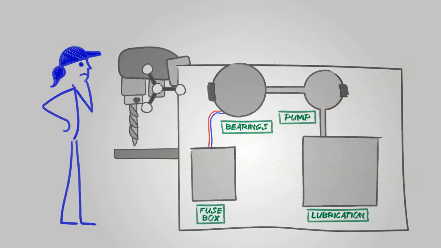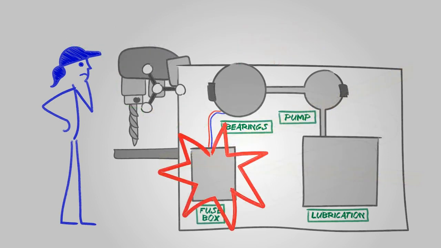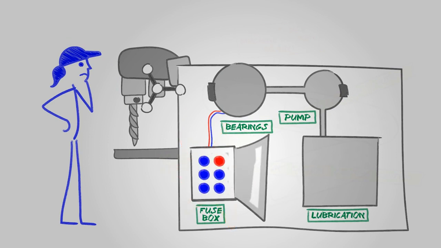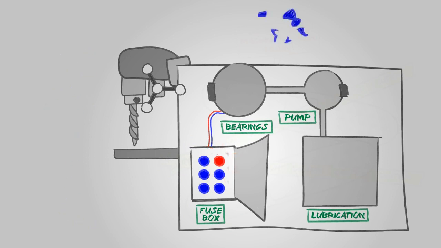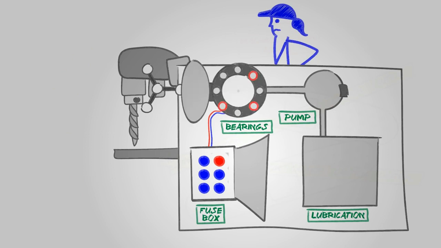In this example, he looked at a machine that had stopped working and identified with the first why that it had blown a fuse in the control box because it was overloaded. The overload caused the fuse to blow. Then he didn't stop there, asked why again, and recognized that insufficient lubrication was getting to the bearing.